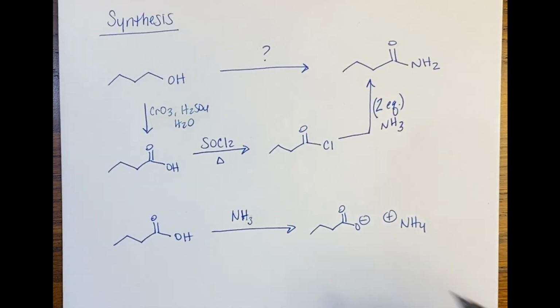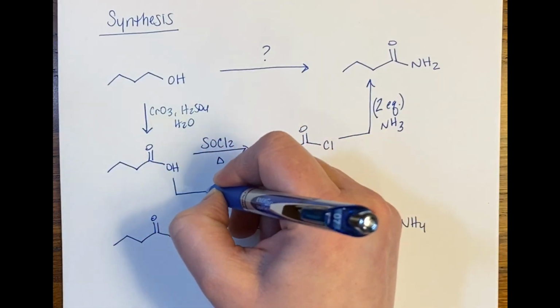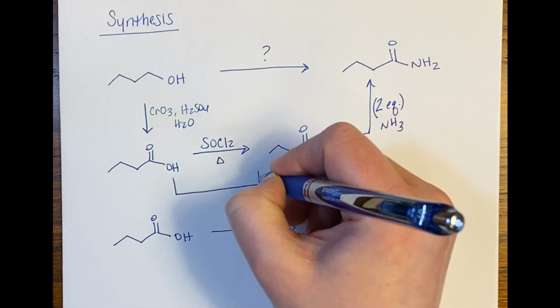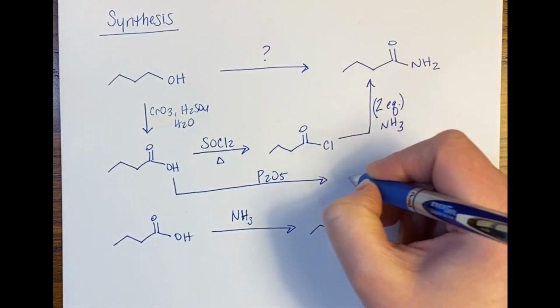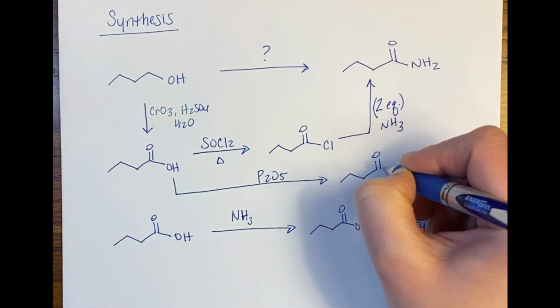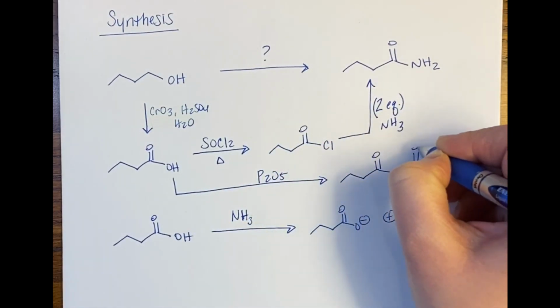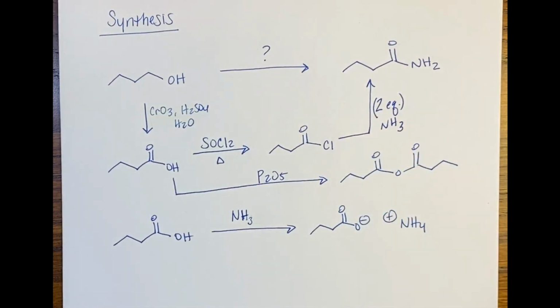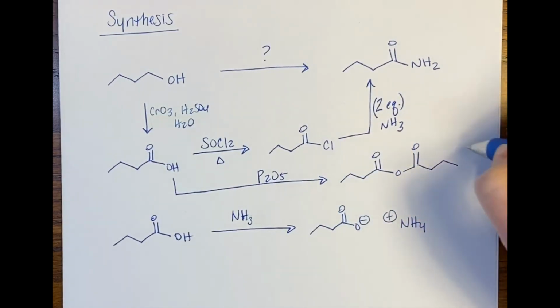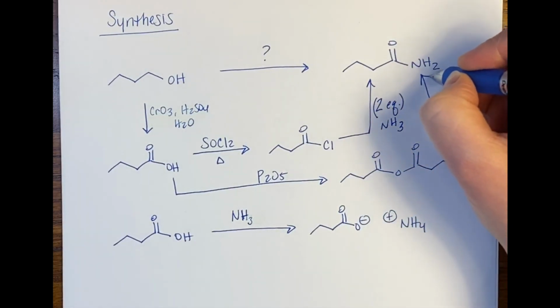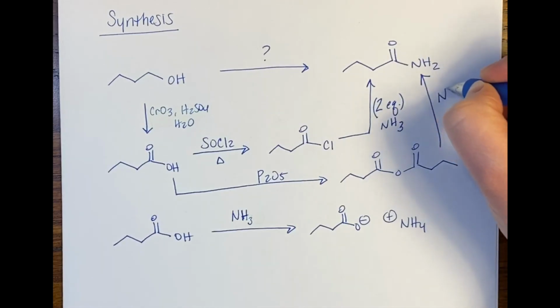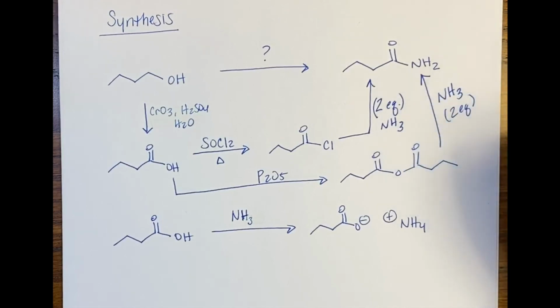As an alternative, I could take this carboxylic acid and I could treat it with P2O5, and that would allow me to make an anhydride. And then I could treat this anhydride with 2 equivalents of my amine in order to make the amide as well.